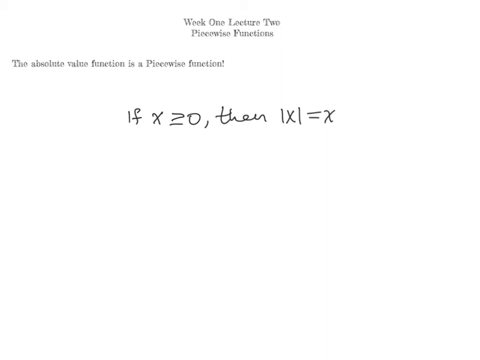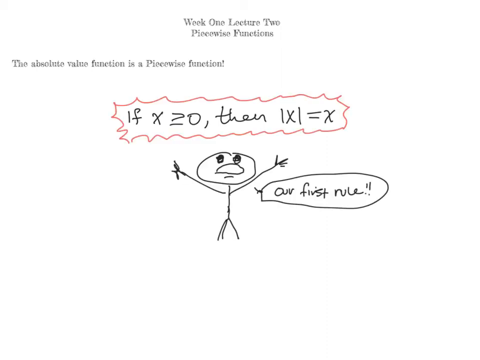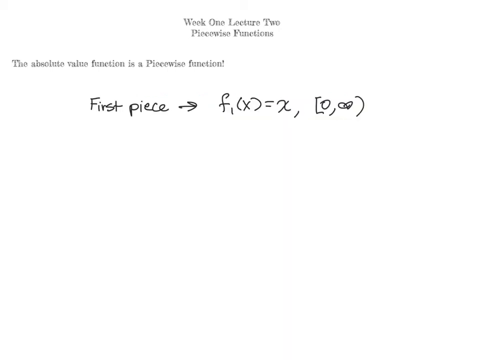We've just established a first rule for the absolute value, namely, if x is greater than or equal to 0, then the absolute value of x just equals x. In other words, one piece of the absolute value function is the function f1 of x equals x on the interval from 0 to infinity.